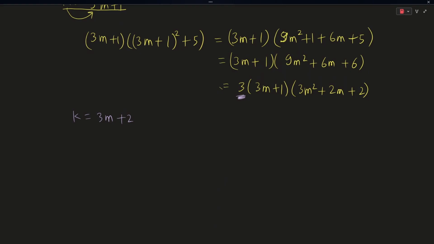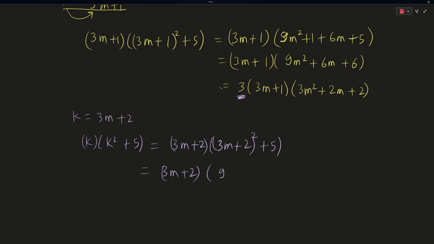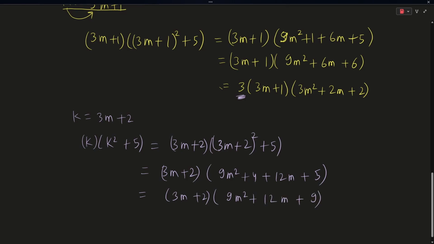In that case, k into k square plus 5 is equal to 3m plus 2 into 3m plus 2 whole square plus 5. That is 3m plus 2 into 9m square plus 4 plus 12m plus 5. So it is 3m plus 2 into 9m square plus 12m plus 9, or further simplified, 3m plus 2 into 3m square plus 4m plus 3.